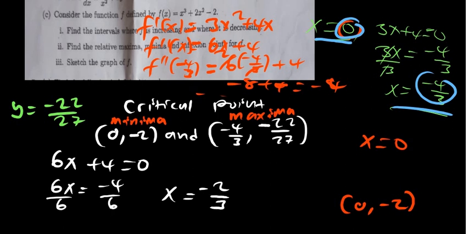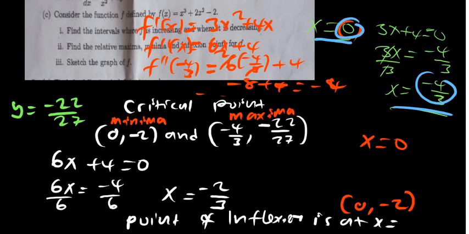Do you have questions there? So my point of inflection is at x equal to negative 2 over 3. Then I'm done for question 2. I can now go for sketching.